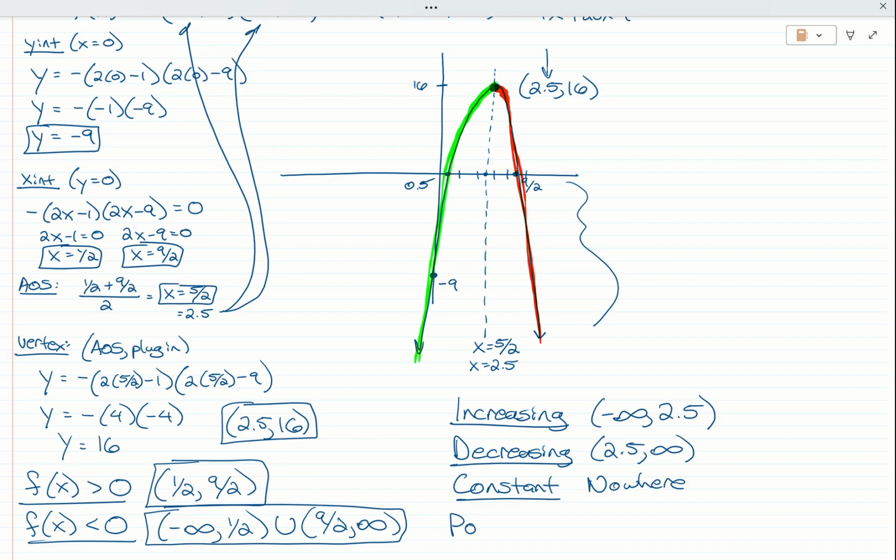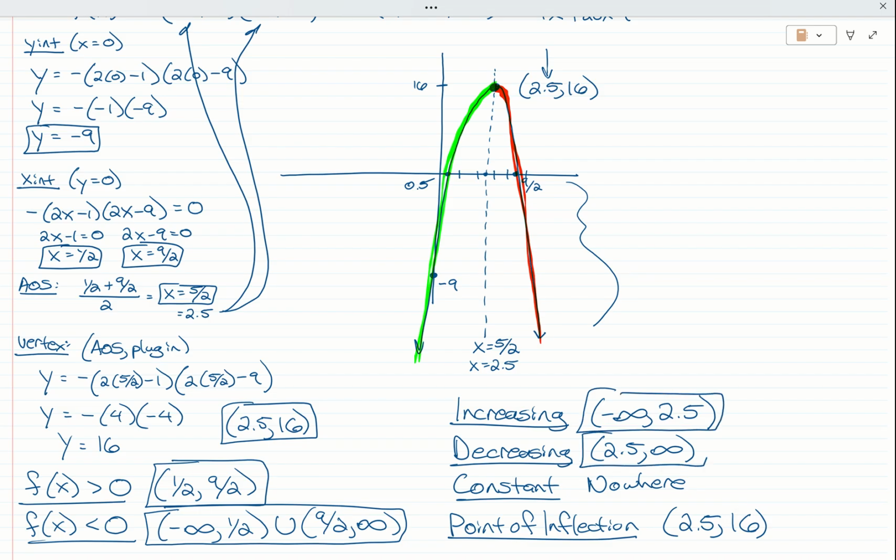And then finally, our point of inflection would be where the graph changes from increasing to decreasing. Of course, that would be your vertex. So we'll say 2.5, comma 16. Hopefully this is making a little bit more sense.